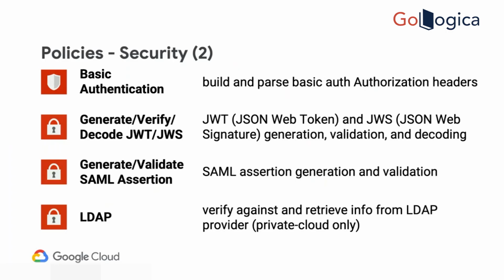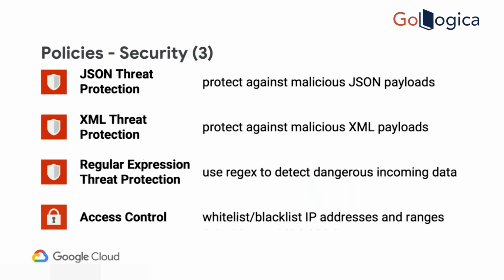Then for security we have basic authentication, which is the standard basic auth feature. Then we have JWT policies to generate, verify, and decode JWTs, JWS. Then we have generate and validate SAML assertion policies, and LDAP policies. Then we have JSON threat protection, which protects against any malicious JSON payload, and the same for XML threat protection.